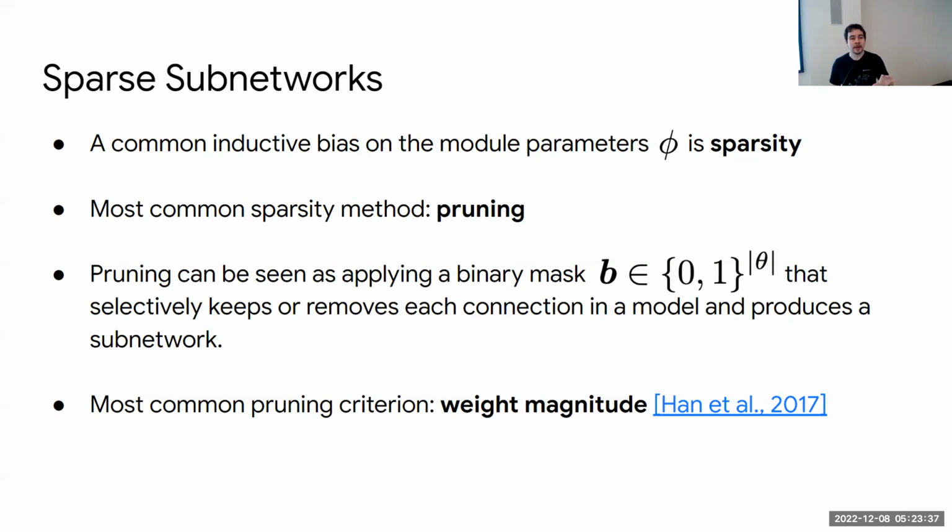As a result of applying this binary mask to the model, we essentially get a sparse network. And the most common way to decide which of these connections we want to set to 0 is by looking simply at the overall magnitude of the weight.